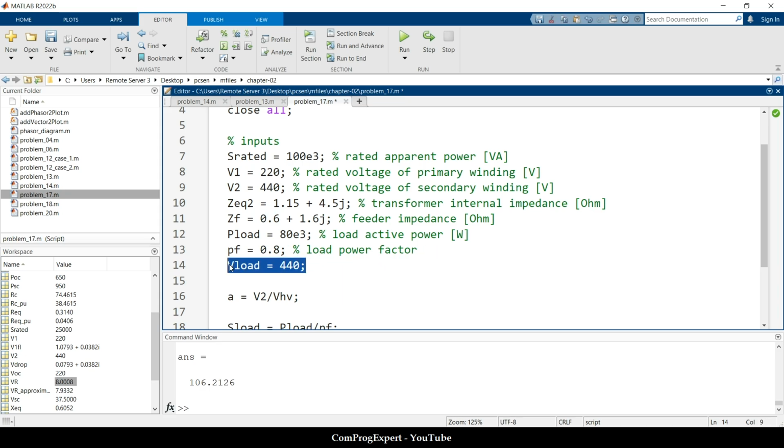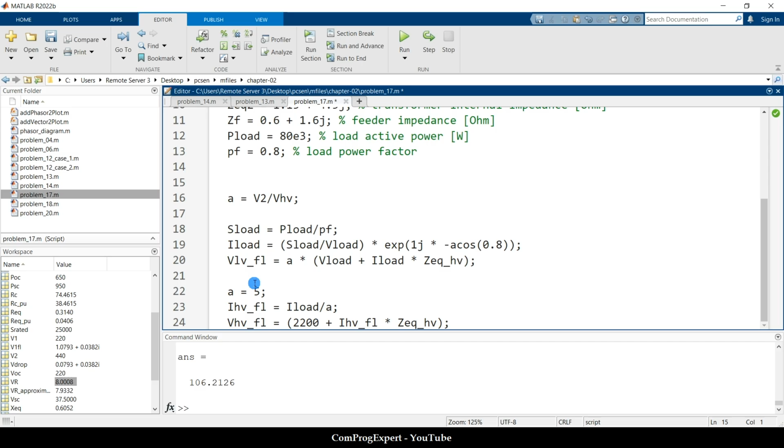So here is the transformer turns ratio, our outputs. Yes. This is the transformer turns ratio, V1 divided by V2. Transformer turns ratio.